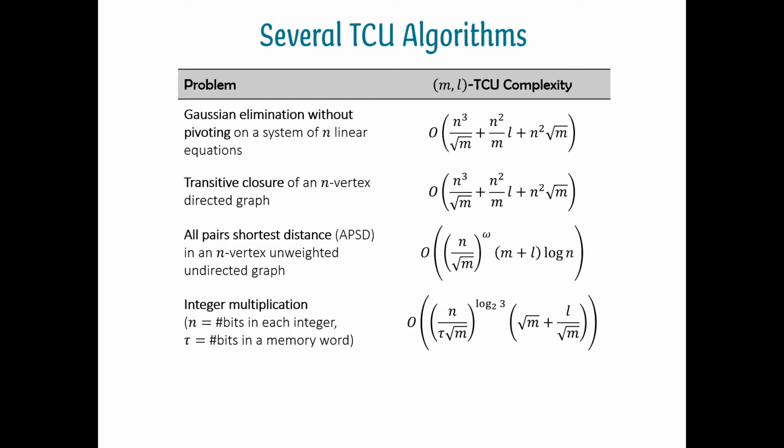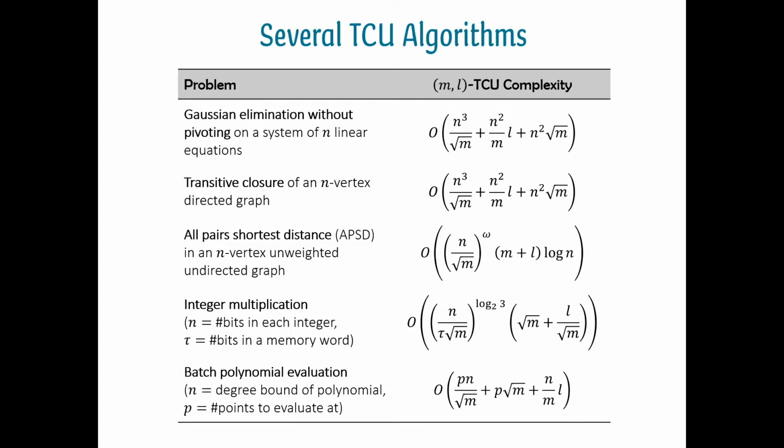And we can show that, in fact, you can improve Karatsuba's algorithm doing that, and the improvement will be this. Here, this tau is the word size. We are multiplying two n-bit integers, and tau is the word size that also appears in the complexity.